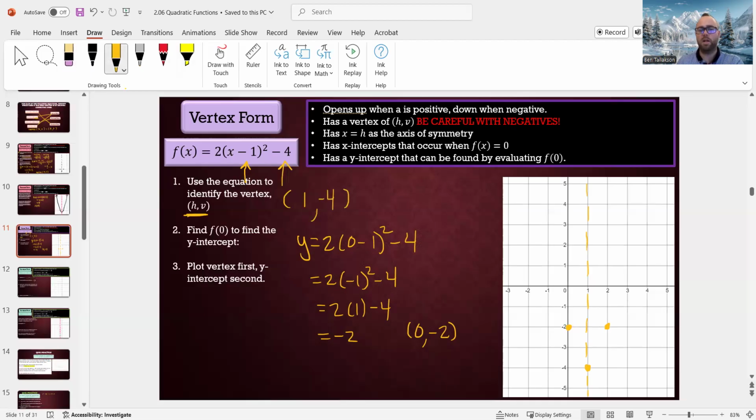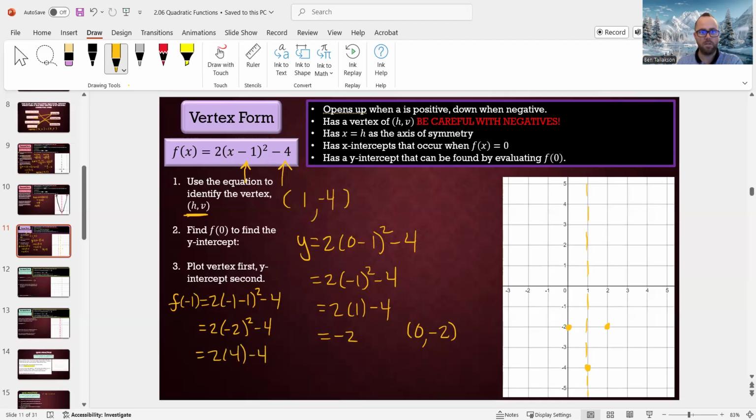And it's good practice to always find one more point. You could pick -1 or 3 or something else. Me personally, I'm going to pick -1 and see what happens. Okay, so I'm following PEMDAS again. What's going to happen?